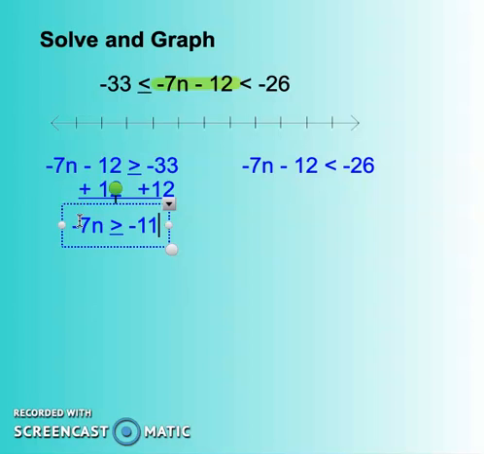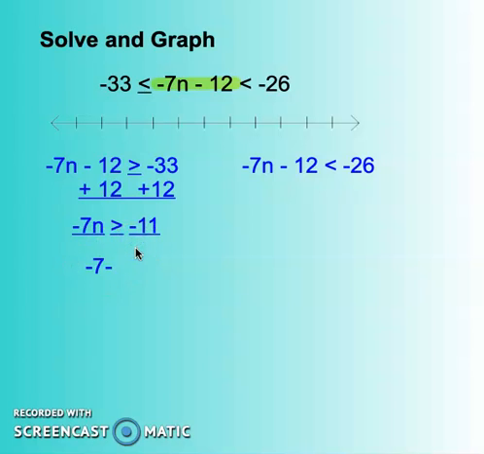Okay, and then how do I get rid of that -7? Divide by -7. And I'm going to divide both sides. So I'm going to draw a line under this one for division and a line under this one, and divide by -7 and -7.